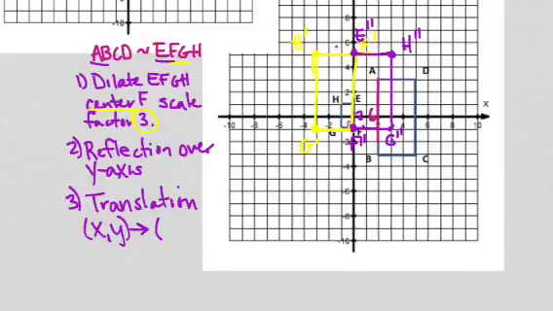So right 2, down 2. Which means my expression is x plus 2, y minus 2. And I have successfully mapped EFGH onto ABCD.